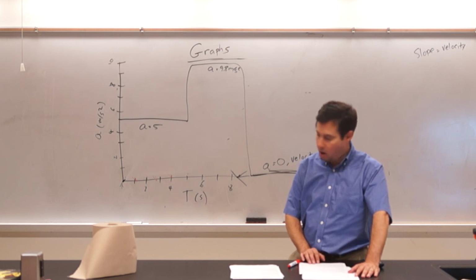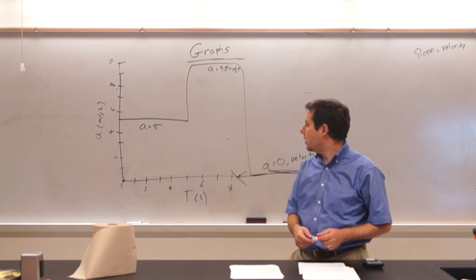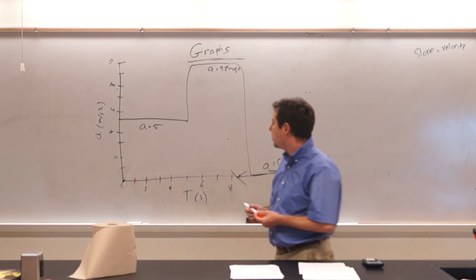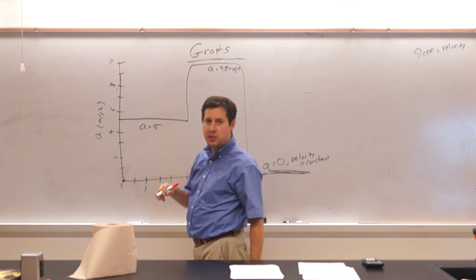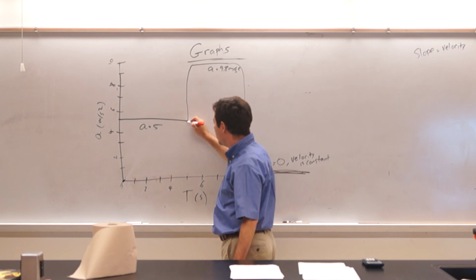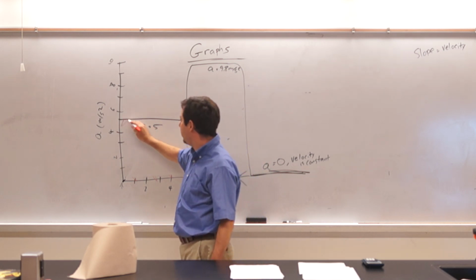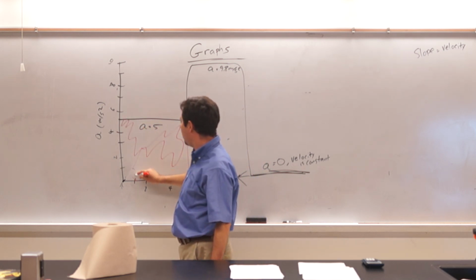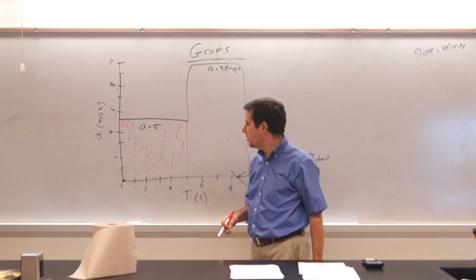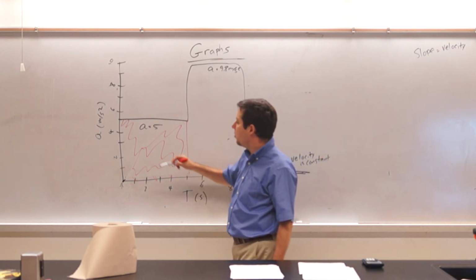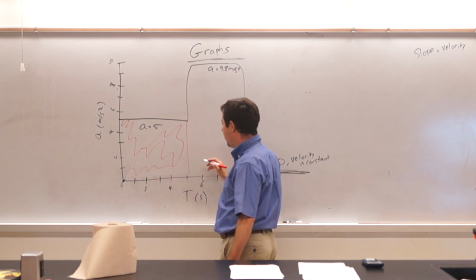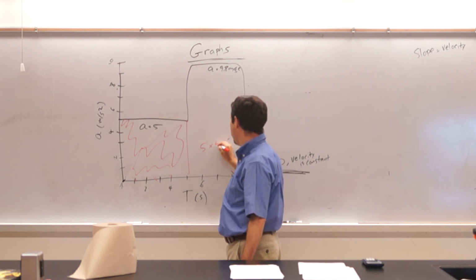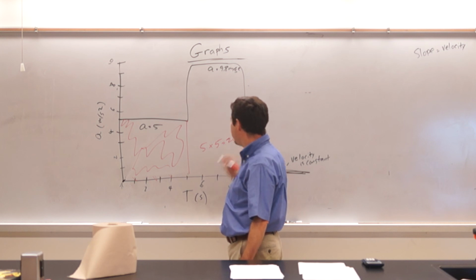I do want to mention also, when you find the area under the curve, just like you did before, especially for the distance, well, just anything though. If you were to find the area under the curve of this, for example, we can do it pretty easily because we know that it's a square and it's got 5 on one side, 5 on the other. 5 times 5 is 25.